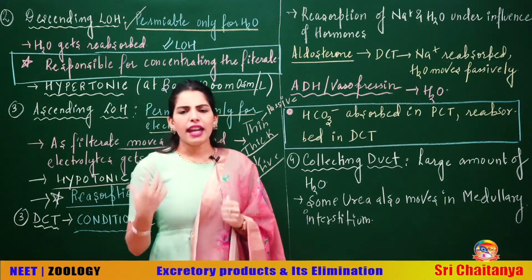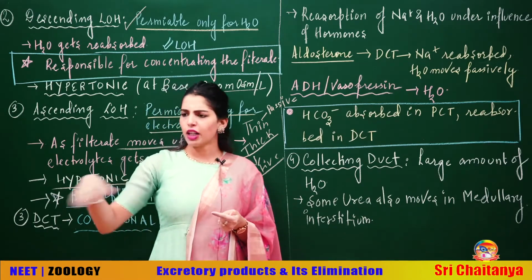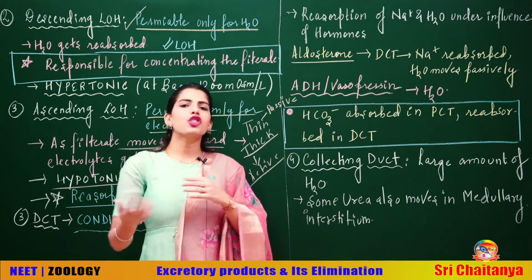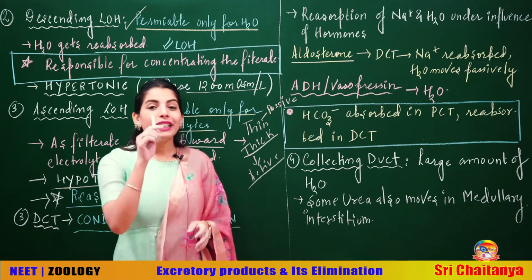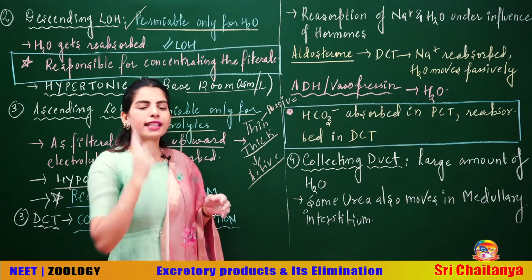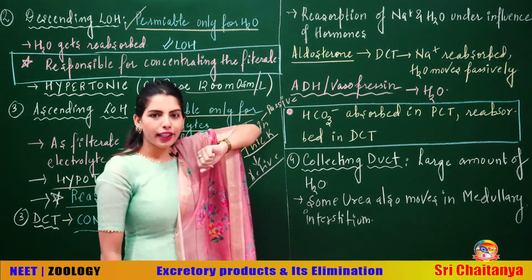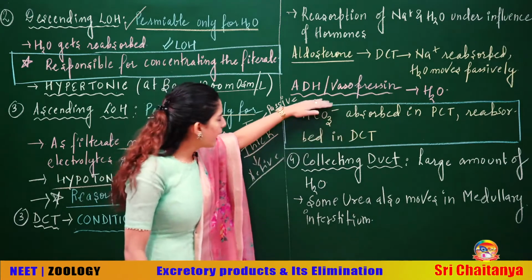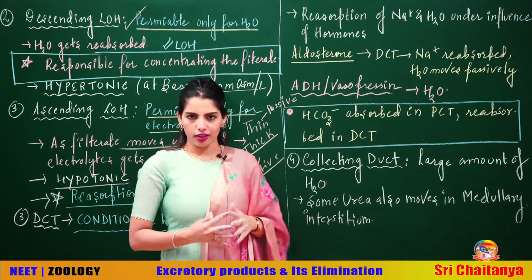Students, we have very well regulated kidney function. Whenever there is a loss of more body fluids or there is too much accumulation of body fluids, we can adjust that using some controls. So in the DCT also, two hormones can act, aldosterone, which is a mineralocorticoid, and ADH or vasopressin. Whenever ADH or vasopressin is acting on the DCT, you are reabsorbing water. So it's conditional.